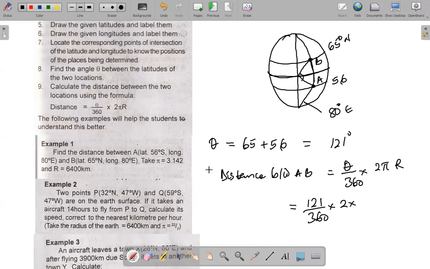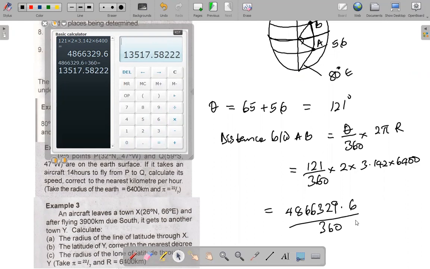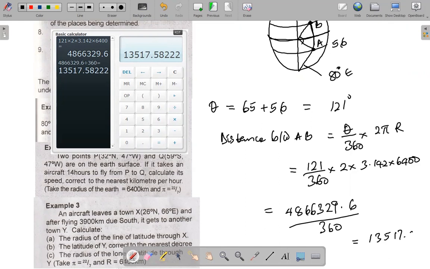Using 3.142 for pi and 6,400 for R, by the time we put all of that into a calculator, we have our answer: 13,517.58 kilometers.